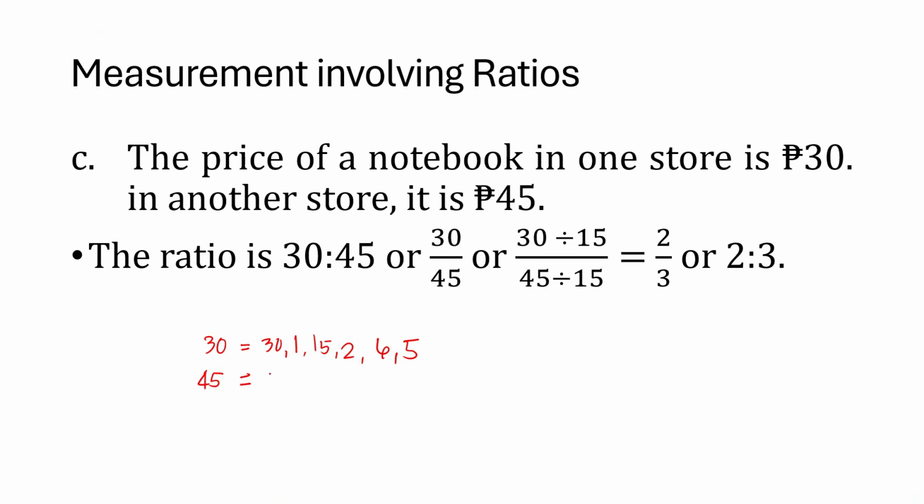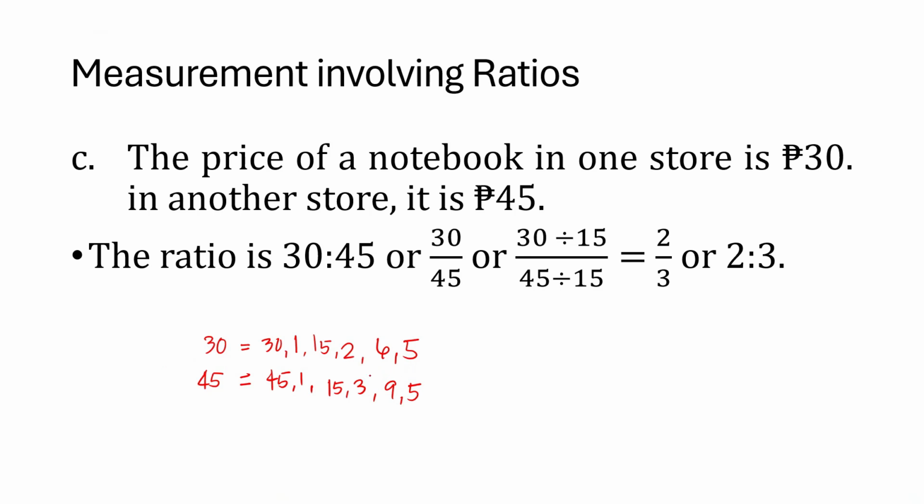While in 45, that is 45, 1, 15, 3, 9, and 5. So based from the factors written, what numbers considered as common factors between 30 and 45?